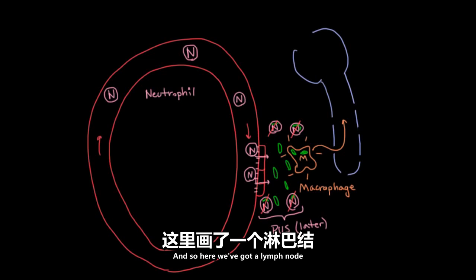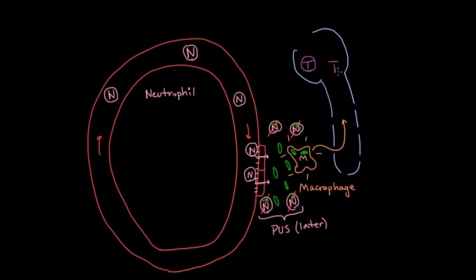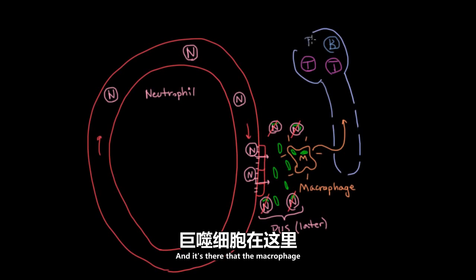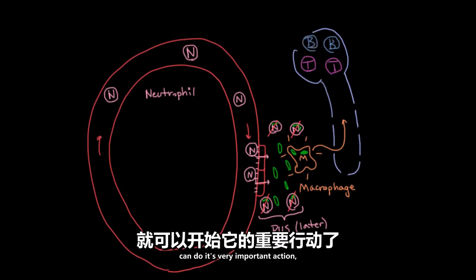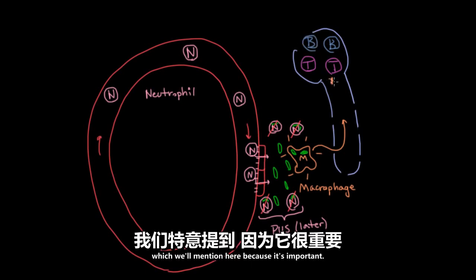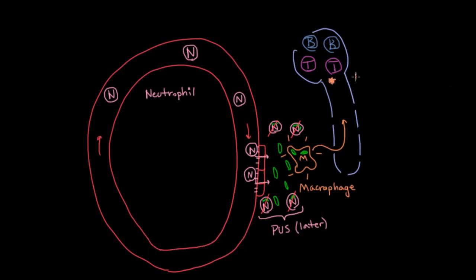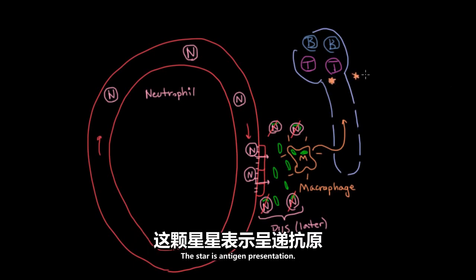And so here we've got a lymph node, and it has some T cells right there, and some B cells as well. And it's there that the macrophage can do its very important action, which we'll mention here because it's important. We'll draw a little star there. The star is antigen presentation.